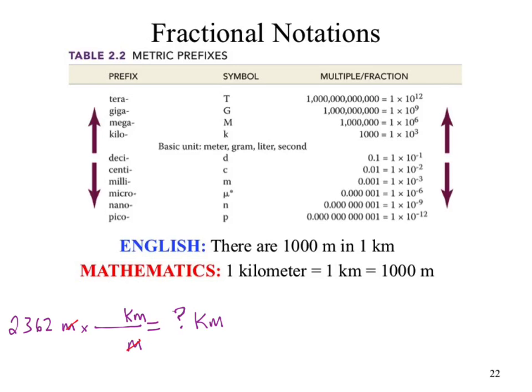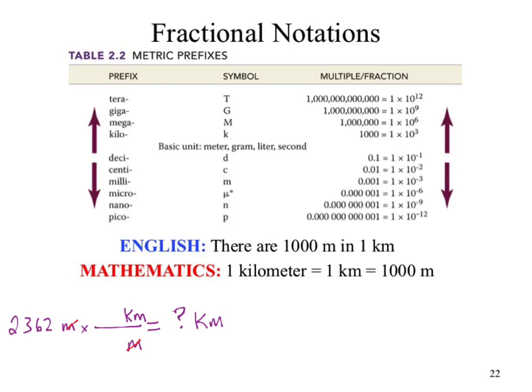So where does the 1,000 go? So if on the bottom was wrong, then it's got to be on the top. Where does the 1,000 go? Nope. 1,000's important.